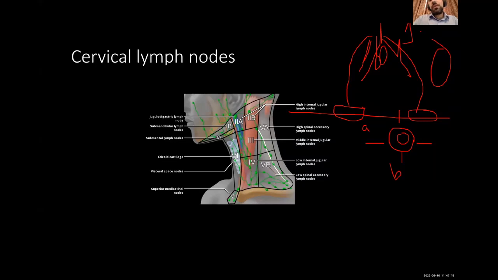Posterior to the sternocleidomastoid is level 5. Anterior, perilaryngeal, peritracheal, called in the Cancer Institute the Delphian lymph nodes, is level 6. I hope this is clear. If you want me to explain more, yeah.